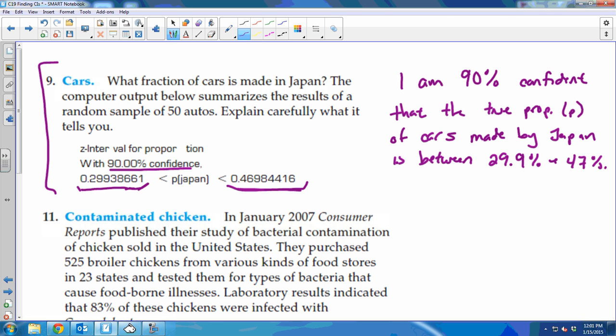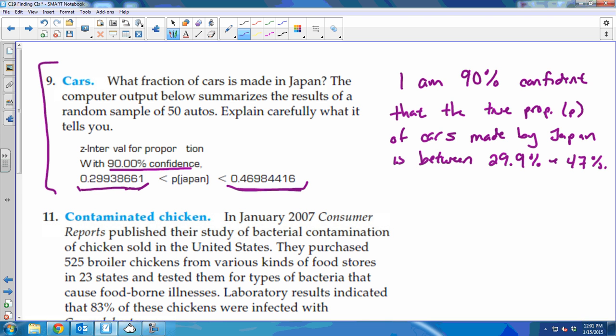I've interpreted the interval. All it asks you to do. You have to have a confidence level. You have to have an interval. The whole entire point of the interval is to try to trap P because we don't know it. Questions about that?